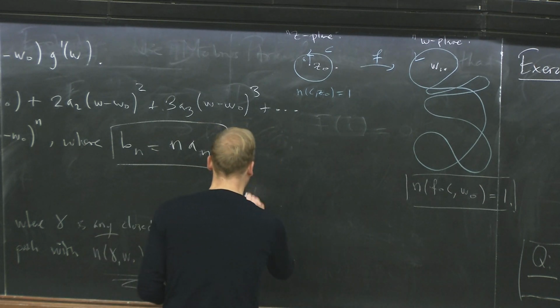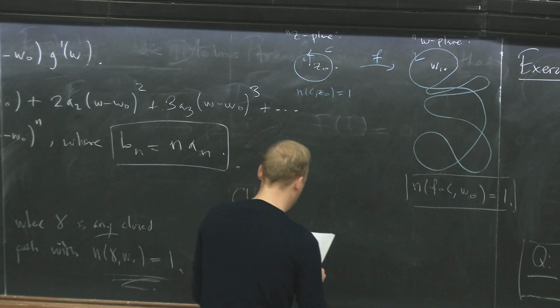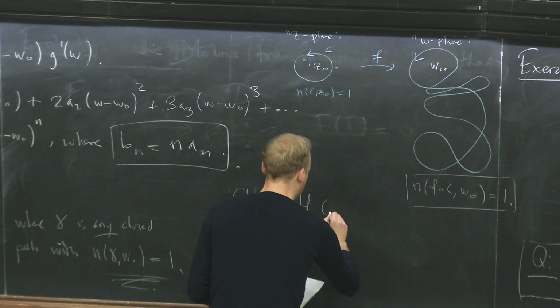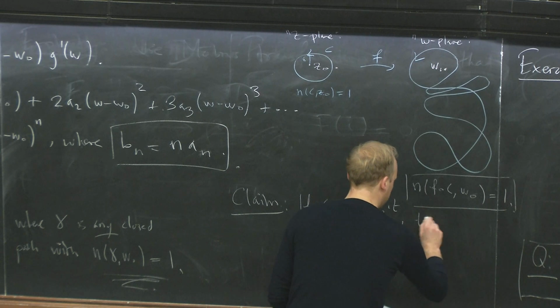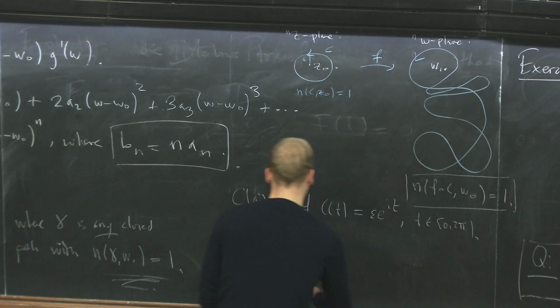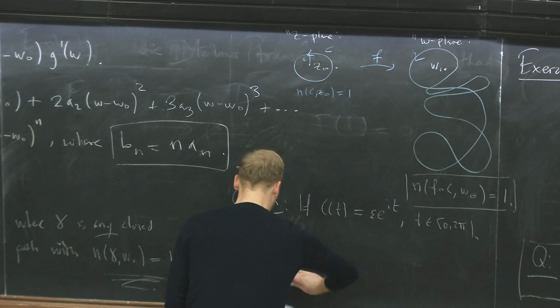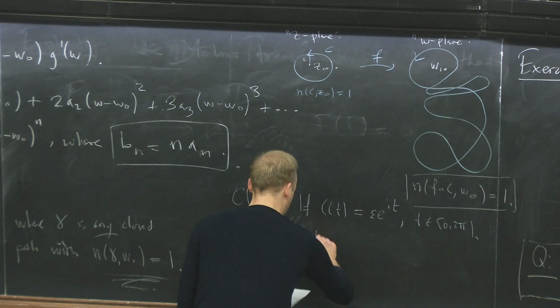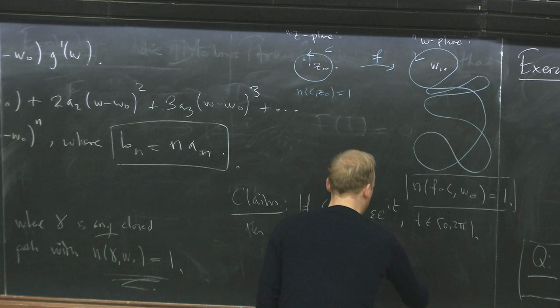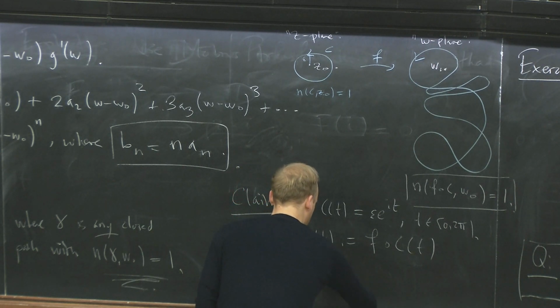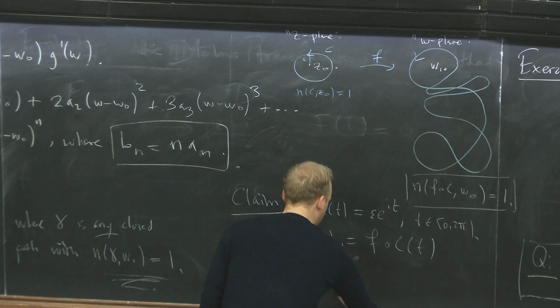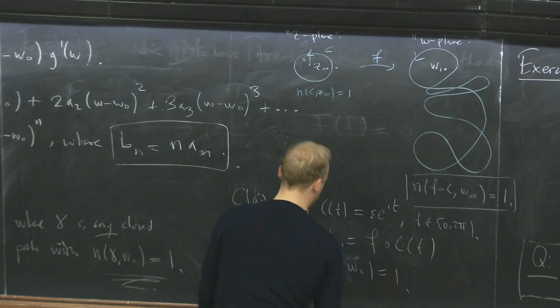And the reason, so the claim, so let me just write it down formally. So the claim is that, if c(t) is this curve epsilon times e to the it, where t goes from 0 to 2 pi, then if we look at the image curve, and we call it gamma, then this satisfies that the winding number around W0 is equal to 1.